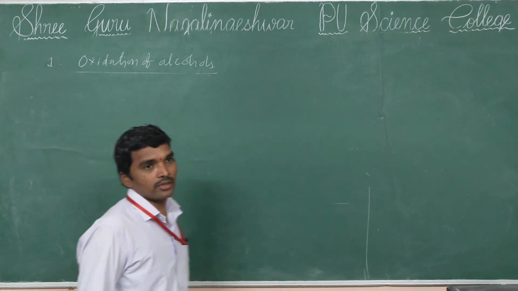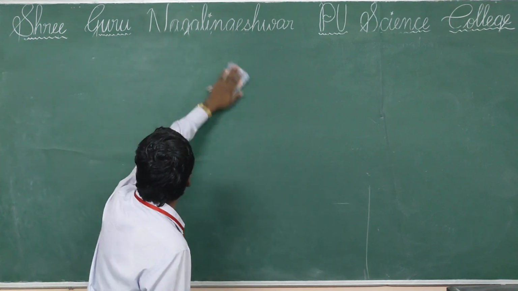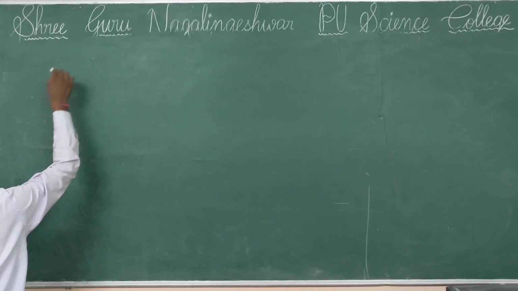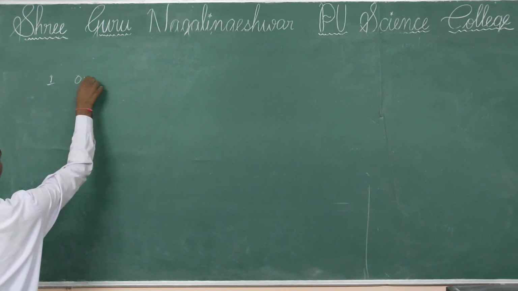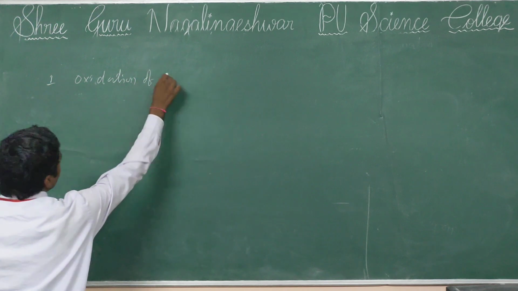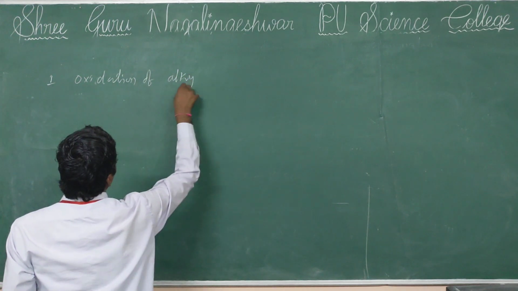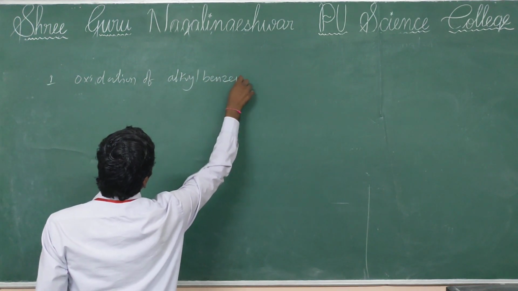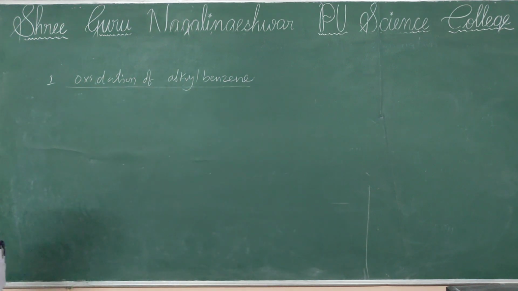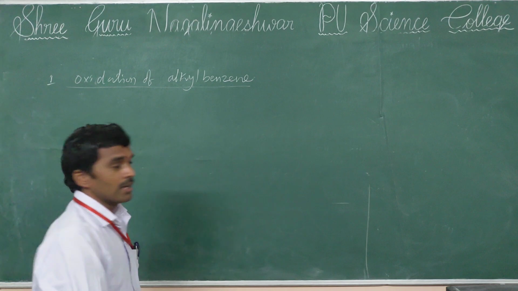Next, we'll discuss a very, very important topic: oxidation of alkyl benzene. It is very important at the competitive level also, as this reaction is asked a number of times.